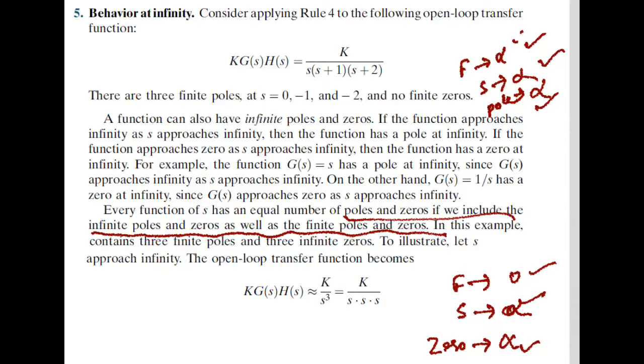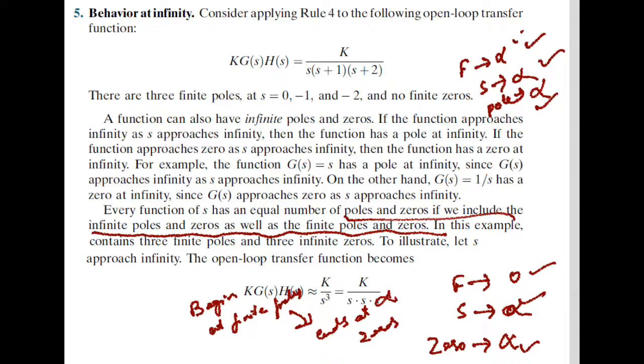So the root locus will begin at finite poles and end at infinite zeros. So it will start at the finite poles and end at the infinite zeros.